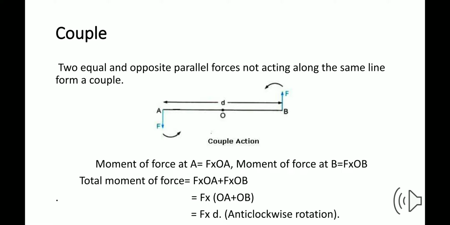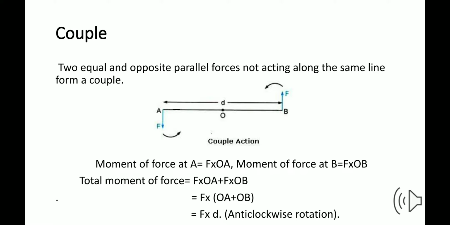So here we can see the direction of force, that is anti-clockwise. Therefore the moment of force at A is positive and the moment of force at B is also positive, and so the total moment of force will be added. So it will be F into OA plus F into OB.